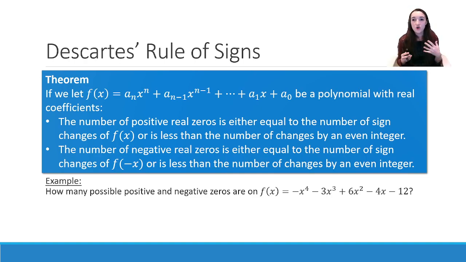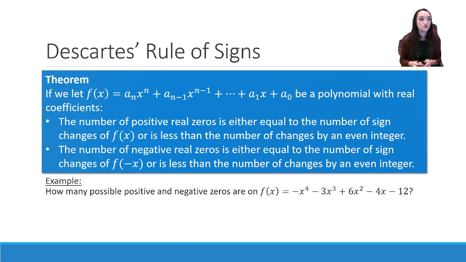So we know the total number of zeros should be 4, right? Because by our linear factorization theorem, this is a 4th degree polynomial. It has 4 zeros if we include our complex numbers. But this allows us to sort out how many of them should be positive, how many should be negative, and by knowing that, we can also interpret how many should be complex.